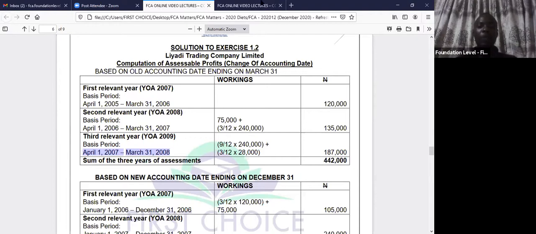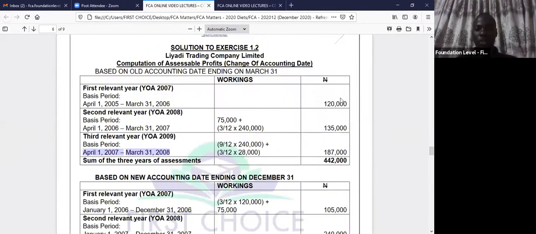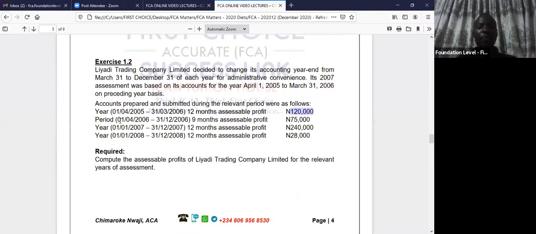So let's look at how we got them. The first one is this figure of 120, which was correctly done. No workings to it. The second one starts from April 1. Normally, you're supposed to end in March, but they ended in December, which is 9 months. So we are going to take this 9 months, 75,000, full 9 months.